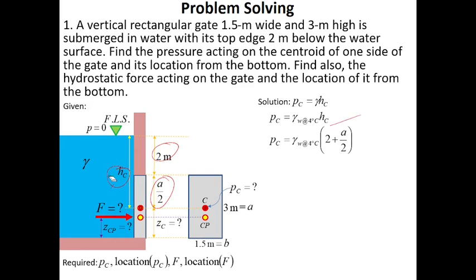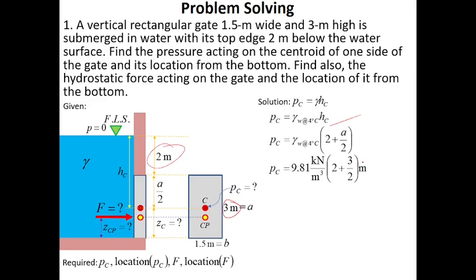So we can now substitute. We have 9.81 kilonewton per cubic meter as the specific weight of water at 4 degrees Celsius multiplied by 2 plus 3 over 2. A is 3 meters, and the 2 here is in meters also, so they have the same unit.